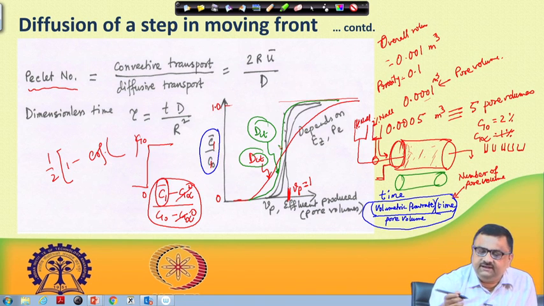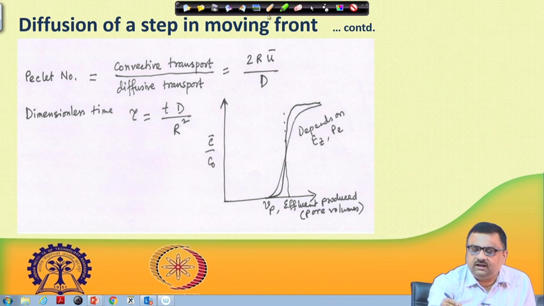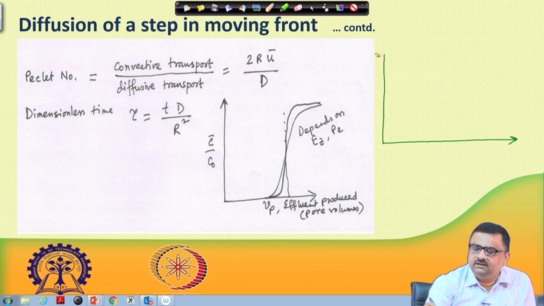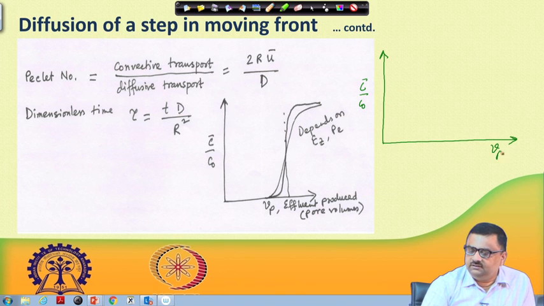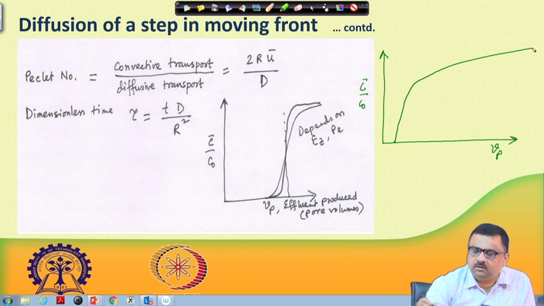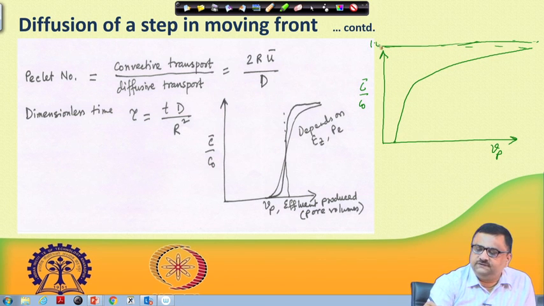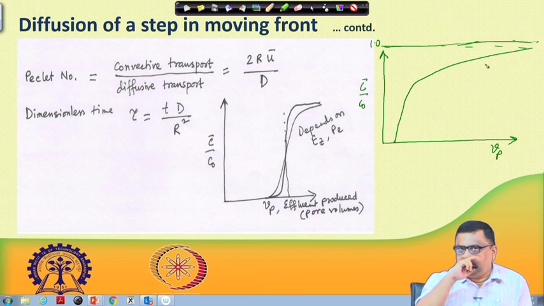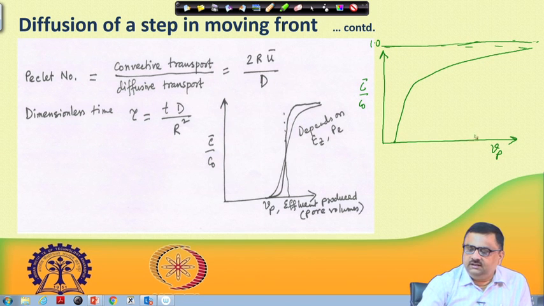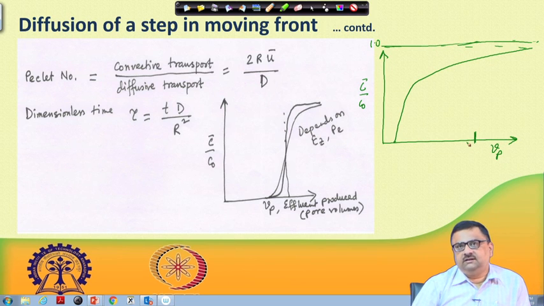think about this mixing, I must point out, suppose I see a profile of C bar by C 0 versus Vp, the number of pore volumes, and it came like this. Let us say this is 1.0, and I know from the measurement of porosity that one pore volume comes here, and I see a profile something like this for an unknown porous medium.